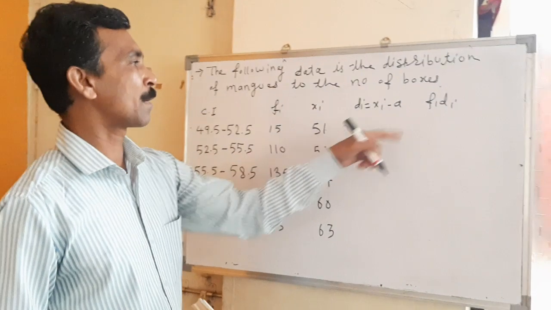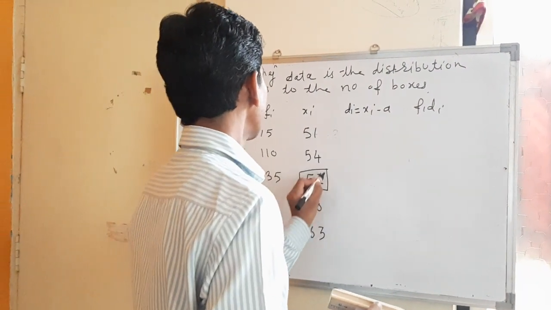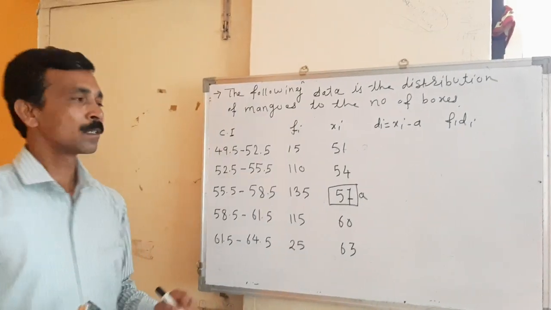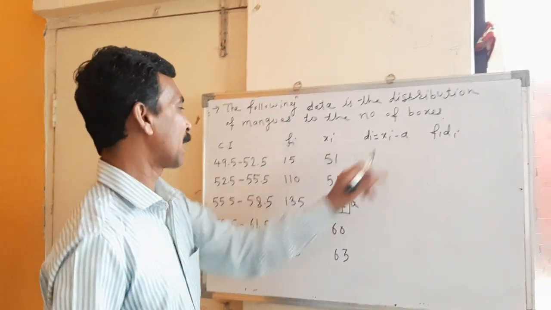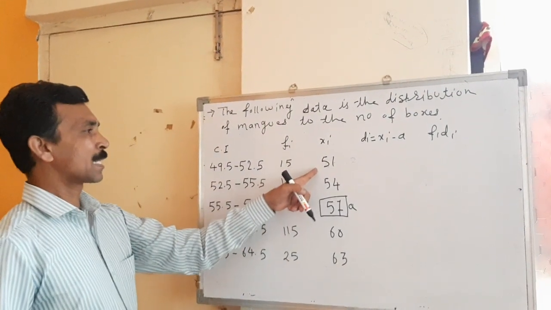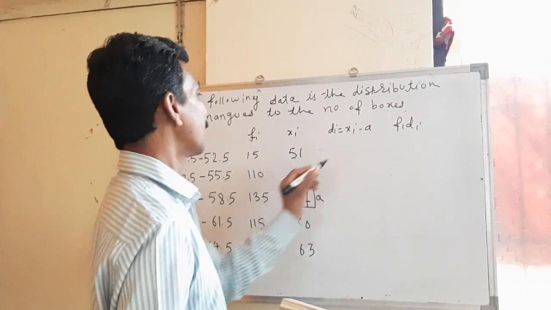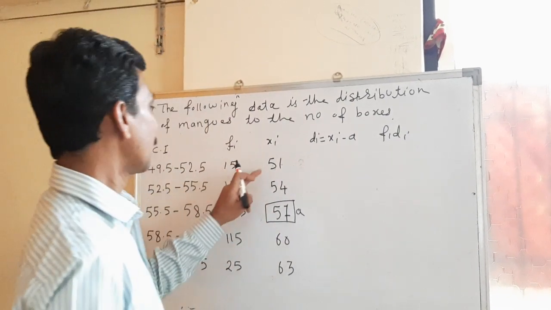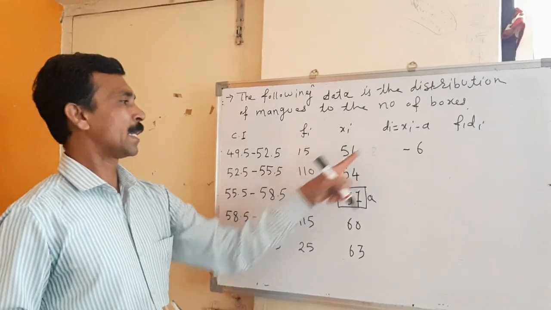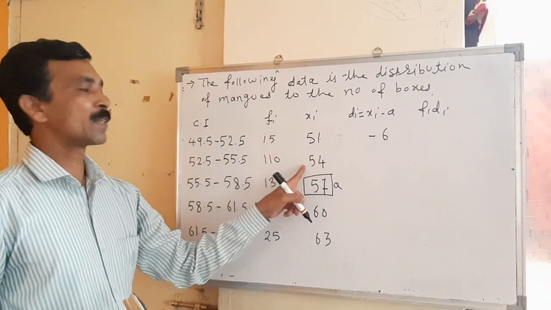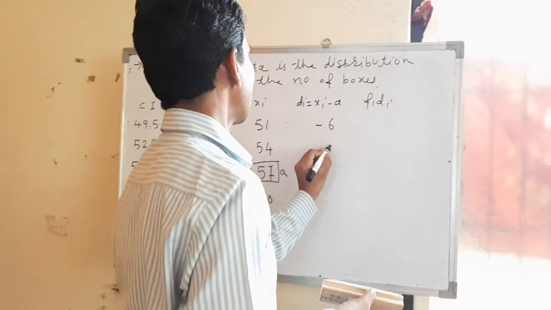Now Di is equal to Xi minus A. I will take assumed mean as 57. I will first find for the first class interval. Di is Xi minus A. First Xi is 51 minus assumed mean 57. 51 minus 57 is minus 6. Second, Xi is 54 minus assumed mean 57, that is minus 3.